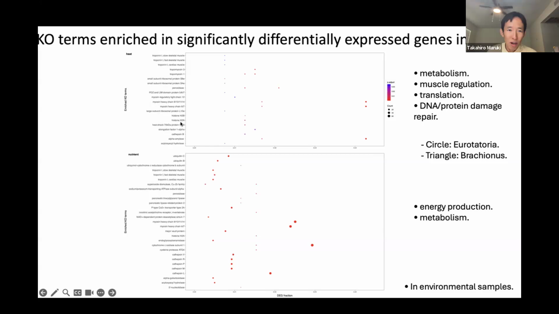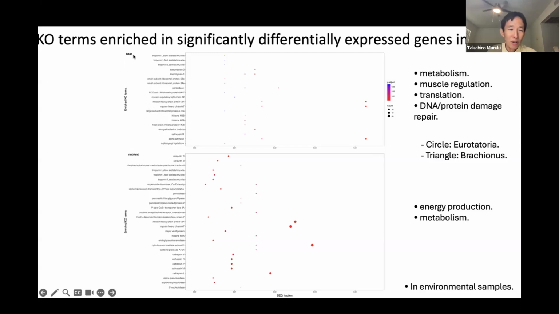In these plots, the x-axis denotes the fraction of significantly differentially expressed genes among tested genes, and the y-axis denotes enriched KO terms. The color of the symbol denotes the adjusted p-values, and the size of the symbol denotes the number of significantly differentially expressed genes.